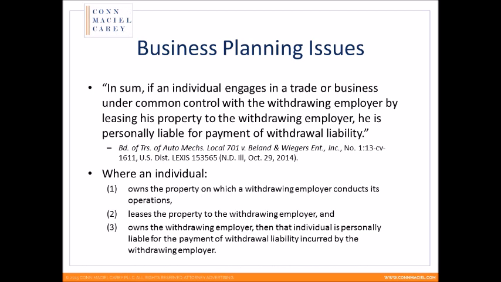Now, the general rule for withdrawal liability is there is no personal liability. That's sort of the standard. But as I'm trying to point out here through this control group issue, you can make yourself personally liable through these other entities as part of a control group, and as simply as leasing property.